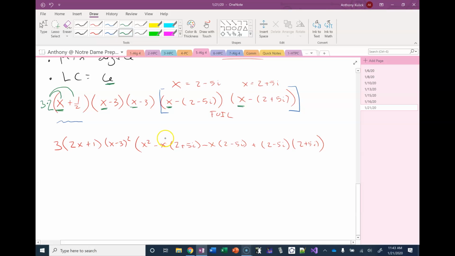So now, before I can combine like terms, I'm going to need to distribute these things through. And I'm going to have to FOIL those pieces.